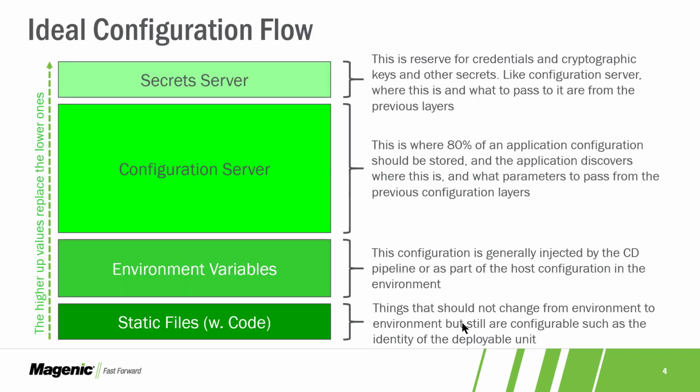Here's how configuration should be visualized, and the size of the block is roughly proportional to the size of the stuff that you typically put in it. And the idea is that there are some things that you want to have vary in your code, but you don't want to hard code them as constants in the code itself. And one of the acceptable things to put in there is the self-identity of the thing that you intend to deploy.